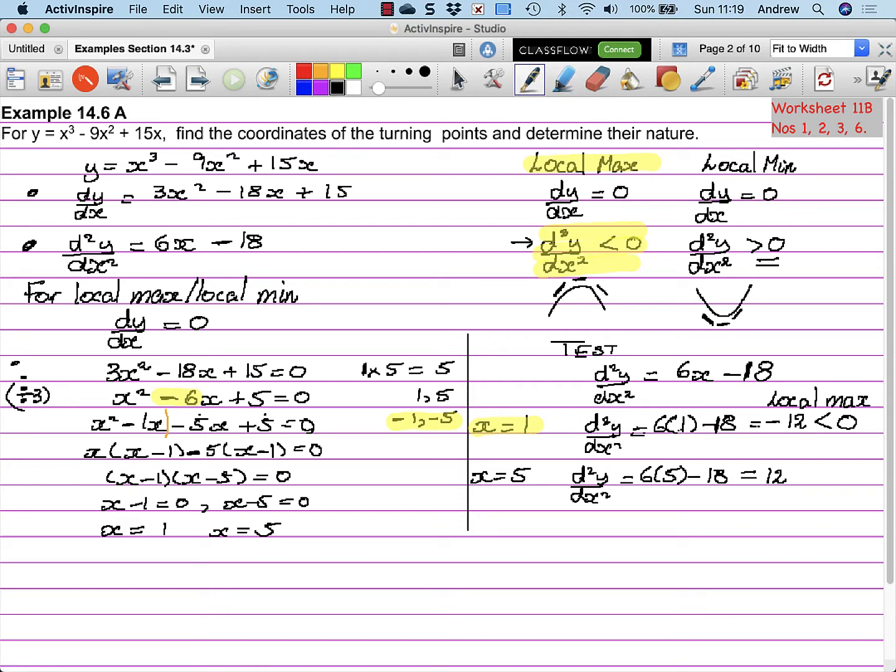And the next one, we've got d2y by dx squared is equal to 12, and 12 is greater than 0. And because 12 is greater than 0, that means d2y by dx squared is greater than 0.